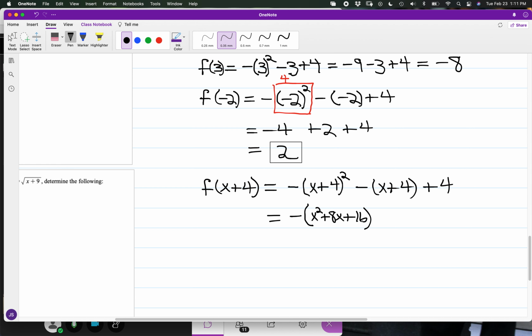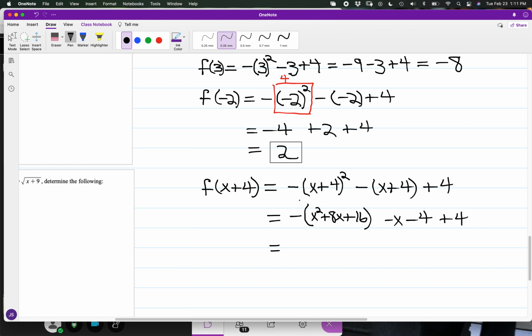So I've squared out the binomial, but I'm still going to multiply those terms by -1. Now for distributing subtraction over x plus 4, we'll have -x and a -4. Then we have plus 4 at the end.